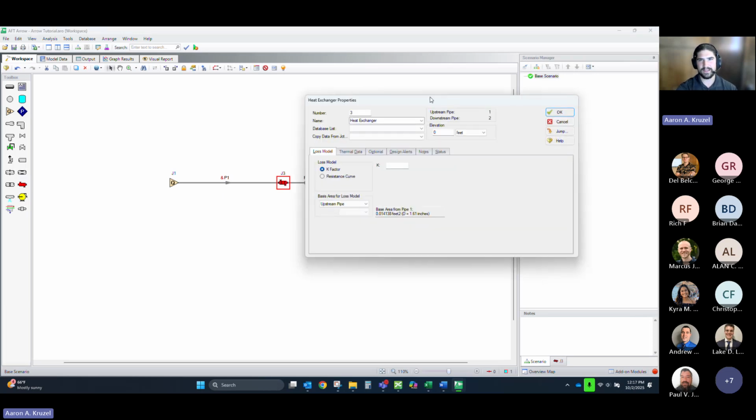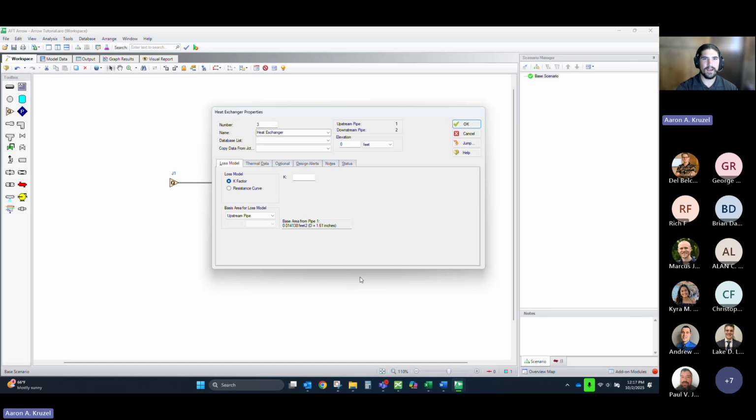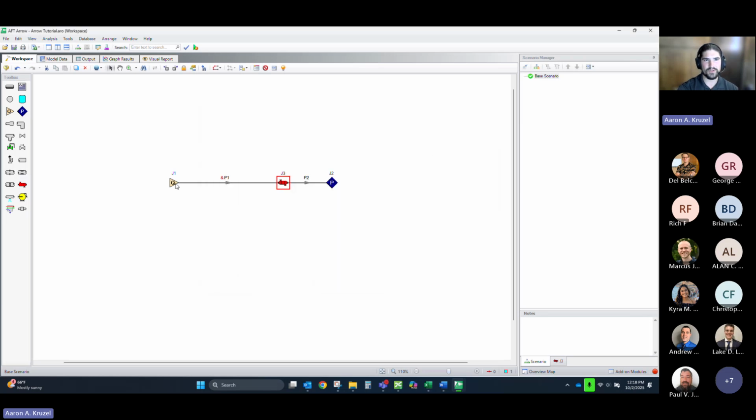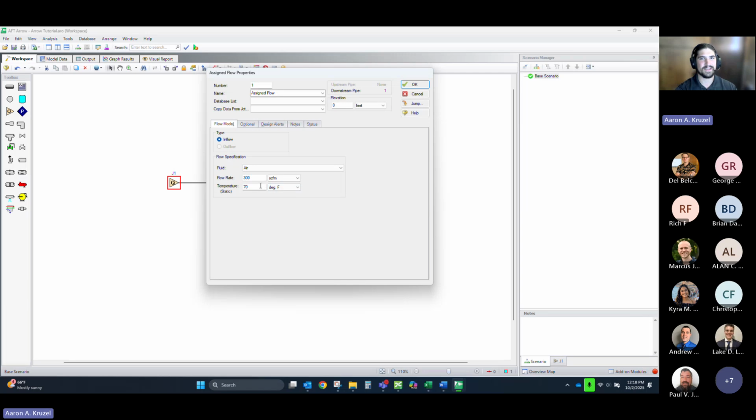So getting into the heat exchanger itself, we're going to put an arbitrary number. I'm going to say a factor of 5 for the K factor. And then for the actual thermal data, I'm going to say it is a constant downstream temperature. I want to have a downstream temperature that is 70 degrees. I'm going to assume that, let's say coming off the compressor, this is some piece of pipe. It's actually going to be too hot.